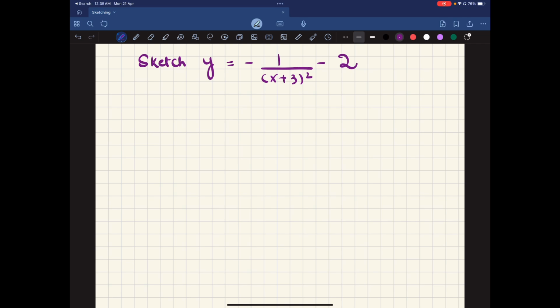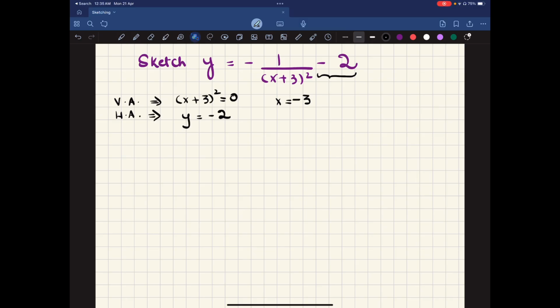Okay, now what are the first steps? You need to identify the vertical asymptotes and the horizontal asymptotes. So for vertical asymptotes, we place the denominator equal to 0. So we have x equals negative 3. This is your vertical asymptote. For horizontal asymptotes, it is whatever is being added or subtracted to the function. So it is going to be y equals negative 2.